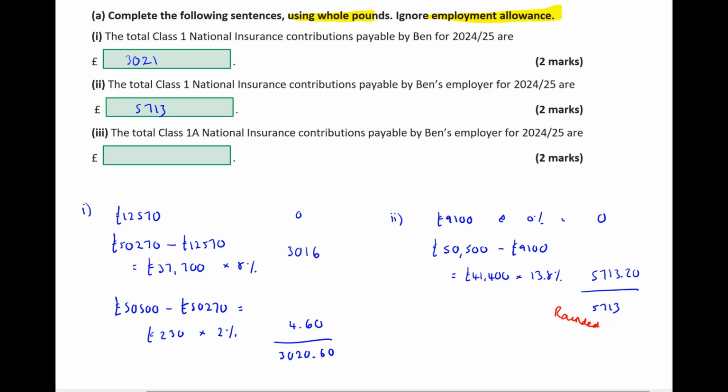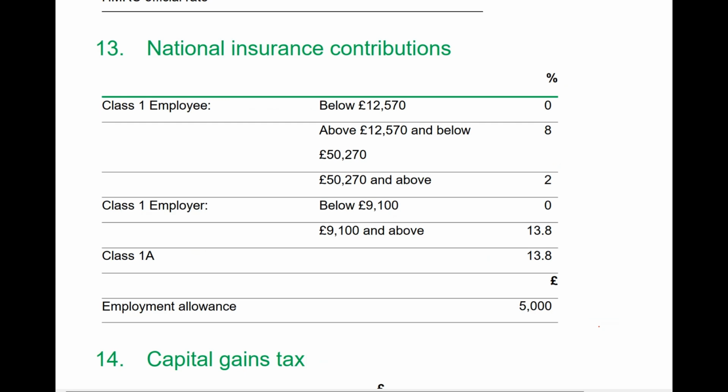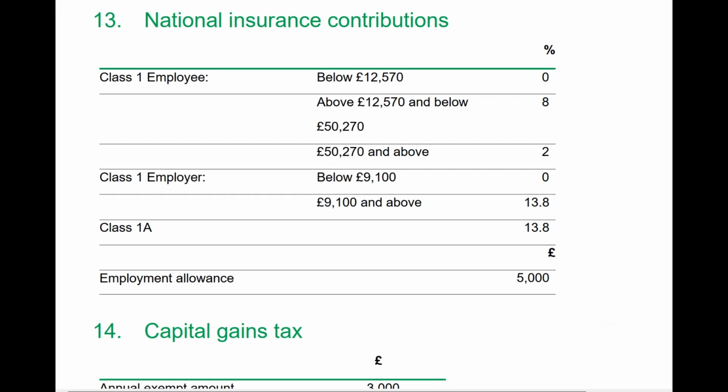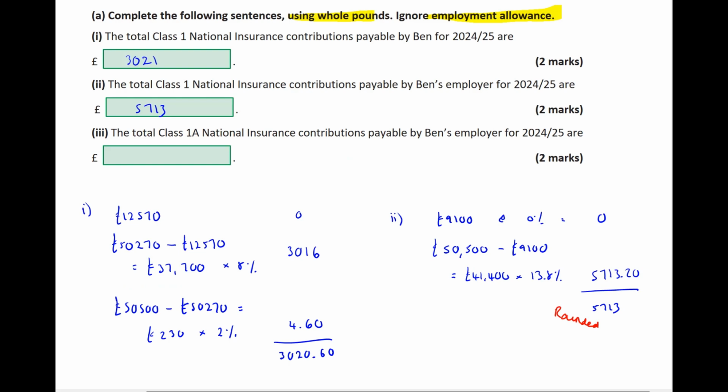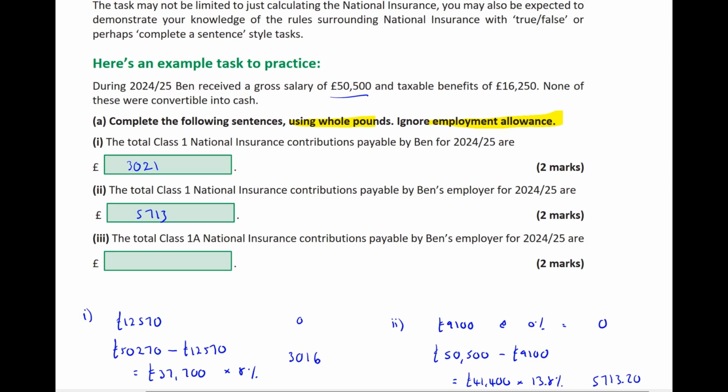And then Class 1A, probably the easiest of all, because there is no 0% band. Class 1A is the national insurance on the benefits in kind, the ones that are not convertible into cash, and it's a flat 13.8% on everything. So we'd need to find the benefits in kind figure, taxable benefits, of course.